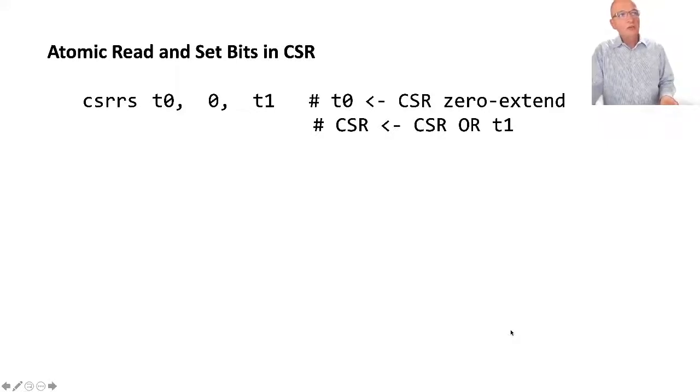Next, I have an atomic read and set bits in CSR. So this is a very similar instruction to the clear bits, but now I specify which bits I want to set.